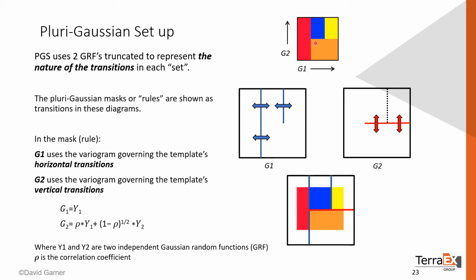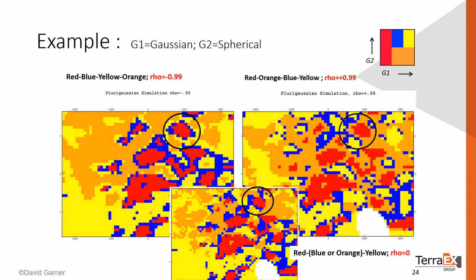Then the second variogram model, the Gaussian random function, governs the transition of orange into yellow and blue. So it can have a different shape, anisotropy, and spatial structure. And we can set up a correlation between those to soften or blend the transition sets. So what does it look like in practice?